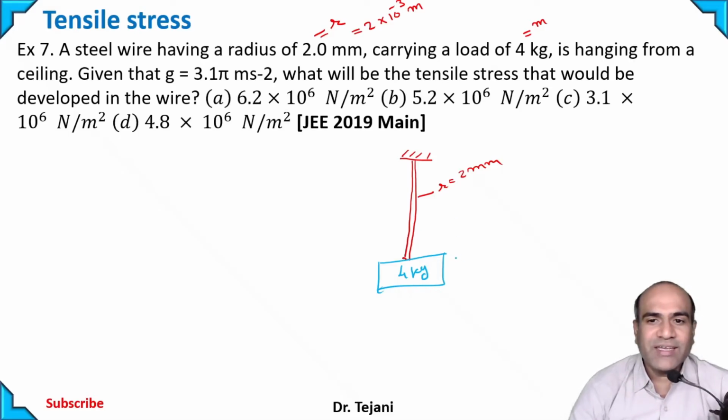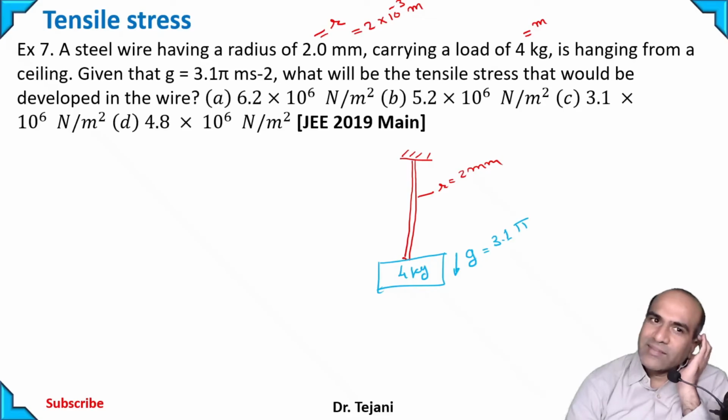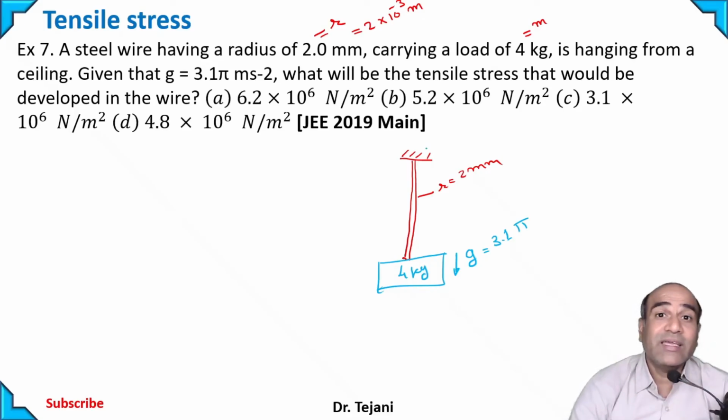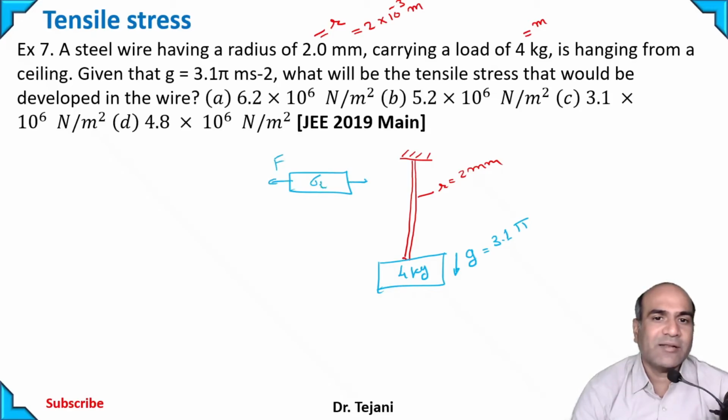Given that G is not 10 here, the gravitational acceleration G is equal to 3.15. What will be the tensile stress developed in the wire? The question is asked because when there is an increase in length after application of force, stress is generated inside, right? So in this wire, whatever stress is generated is resistive stress.